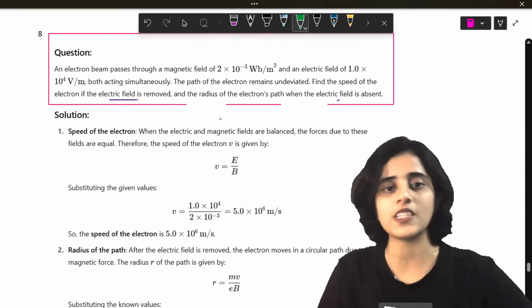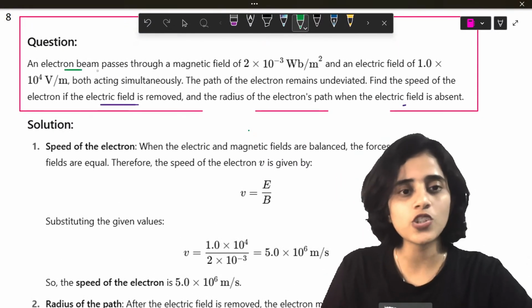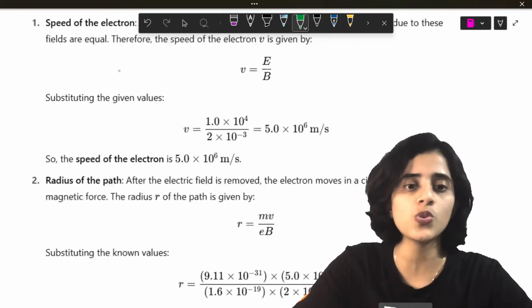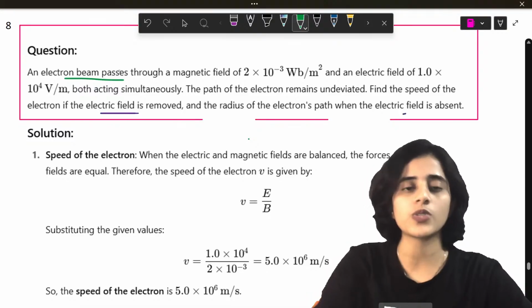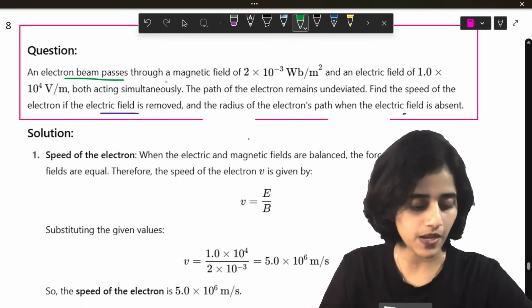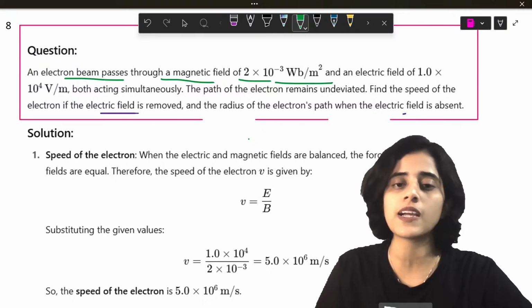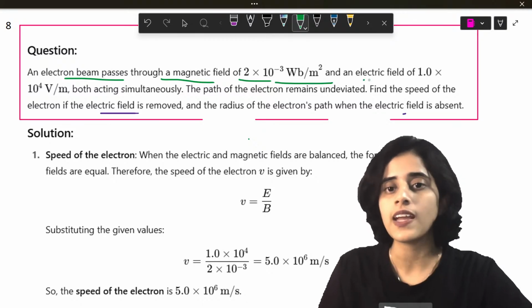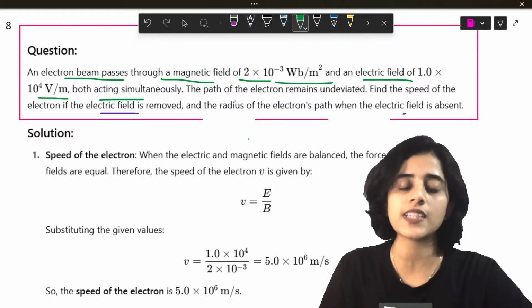Let me take a green pen. An electron beam passes through a magnetic field of 2 into 10 raised to minus 3 Weber per meter square and an electric field of 1 into 10 raised to 4 volts per meter, both acting simultaneously.